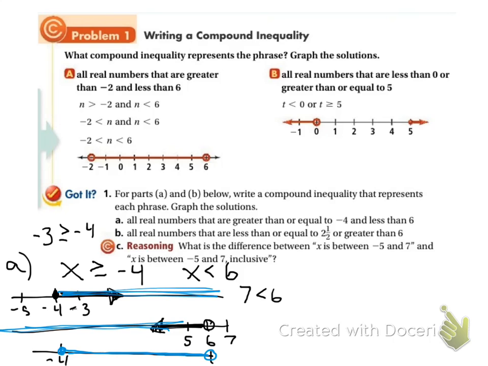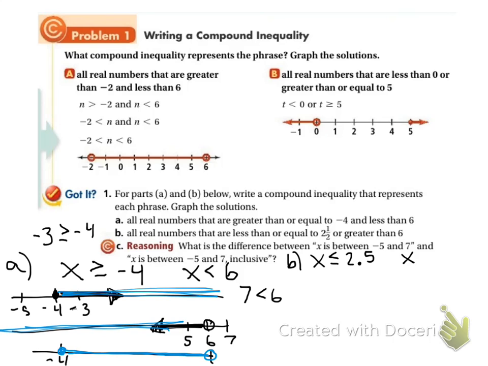Now over here, let's try doing the other one. So B, okay, all real numbers that are less than or equal to 2.5. So x is less than or equal to, and I'm going to change that to be 2.5. Or greater than 6.